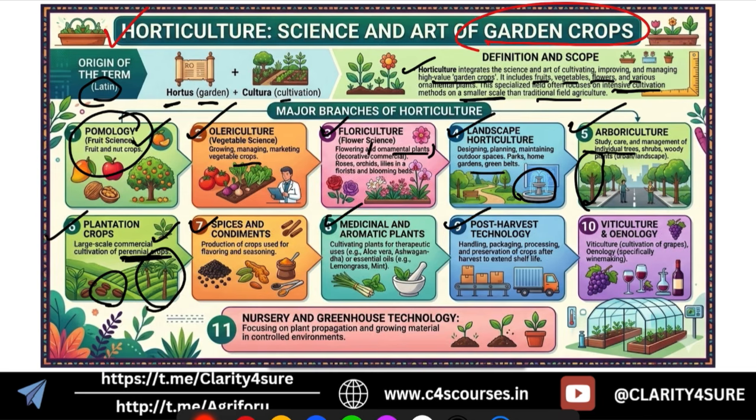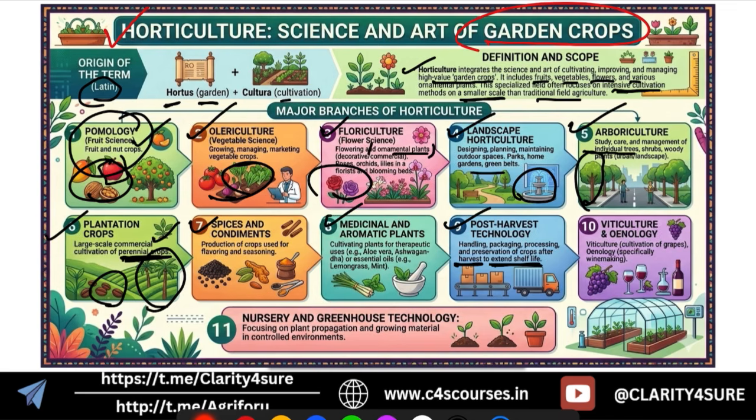And then post harvest technology. It is the handling, packaging, processing and preservation of crops after harvest to extend the shelf life. We know these fruits, flowers and vegetables have a high amount of moisture. They have a high respiration rate. They have tender skin.